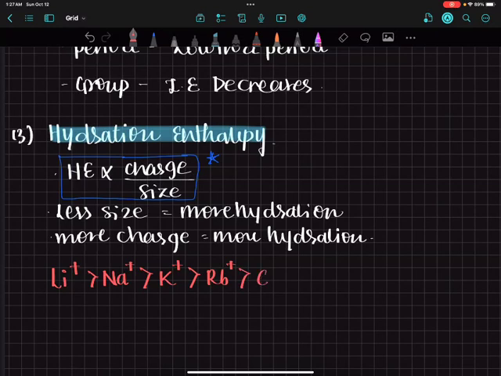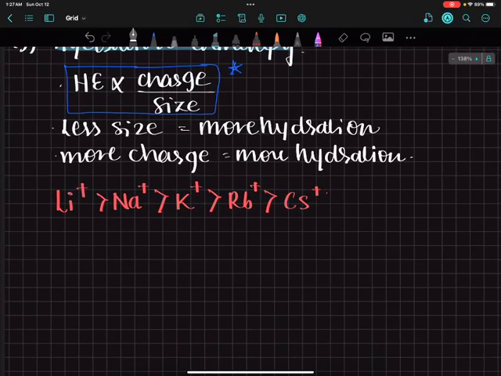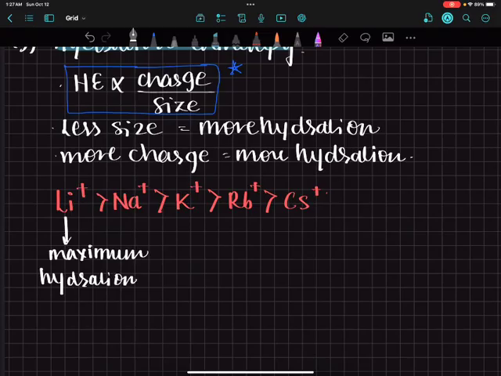So we can conclude that lithium has maximum hydration, which is why it is mostly hydrated in the form of LiCl·2H2O.